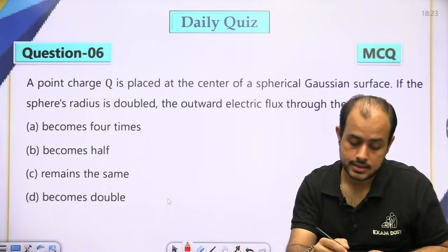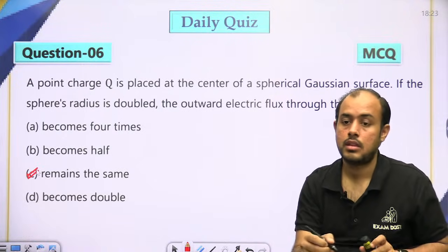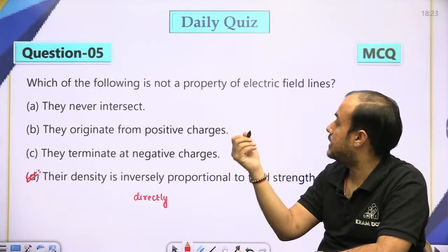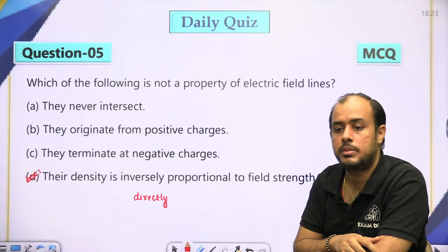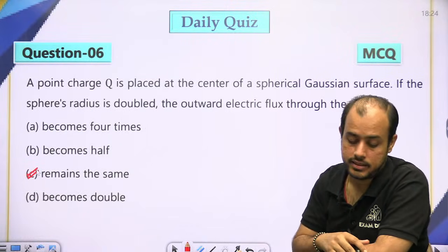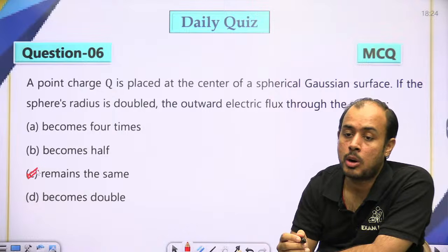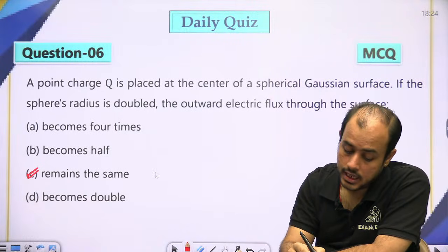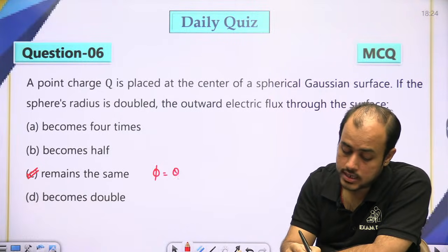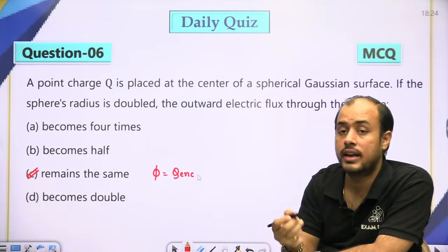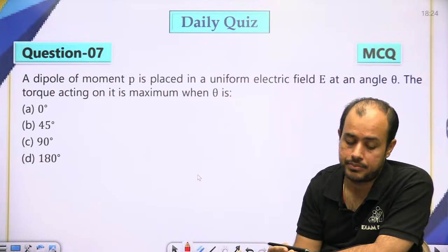It remains the same. A, they never intersect, so that is correct, electric field lines never intersect, so it is a property. The question asked what is not a property. Now flux is equal to charge enclosed. As long as charge is same, flux will be same.